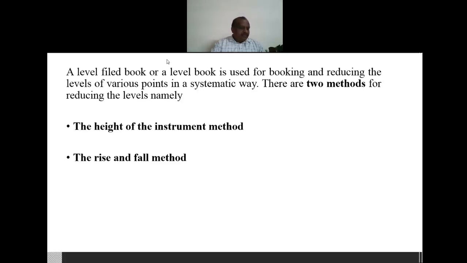There are two methods of booking and reducing the elevation of points from observed staff readings. One is the collimation or height of instrument method, and another one is the rise and fall method. So we discuss one by one. First we'll take the height of instrument method.